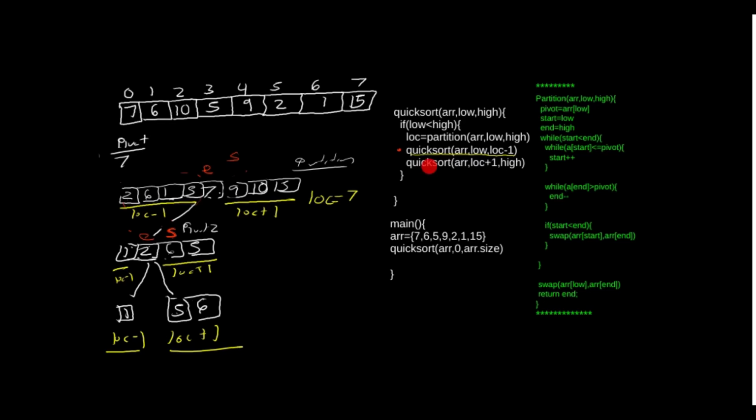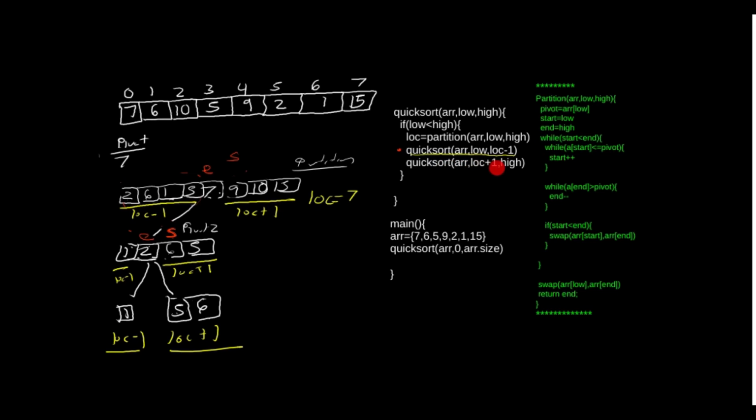So as you can see, right here through this function quicksort array loc takeaway 1, we did make a recursive call on loc plus 1.